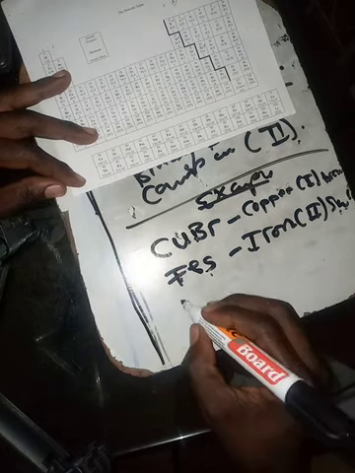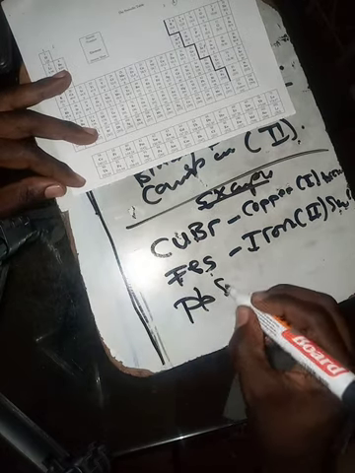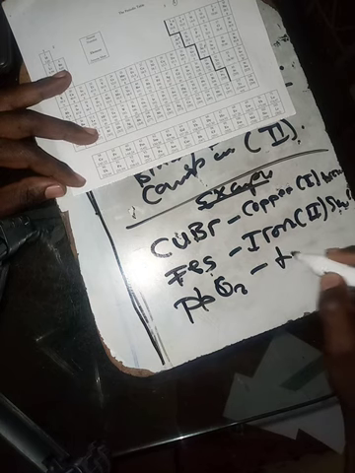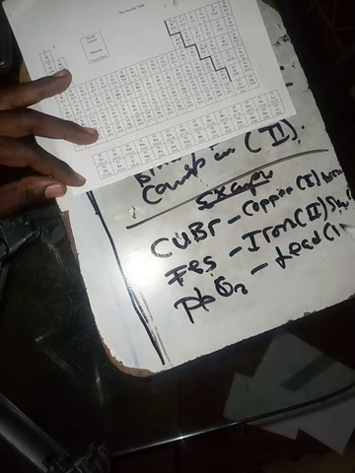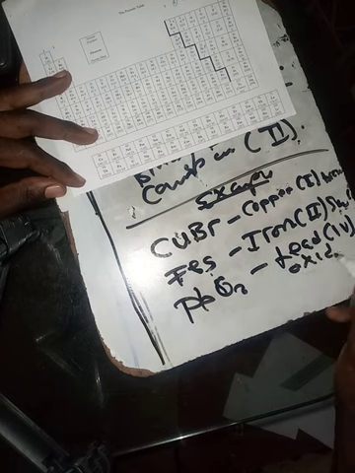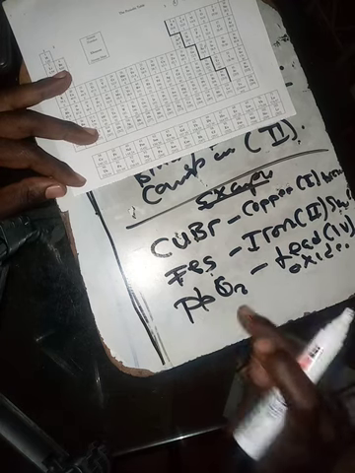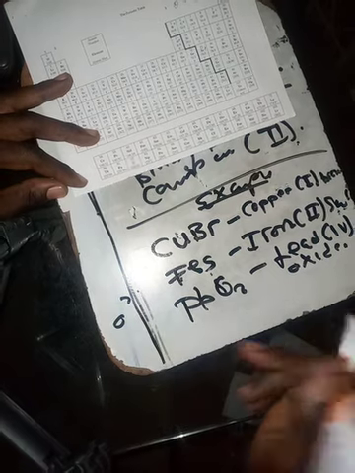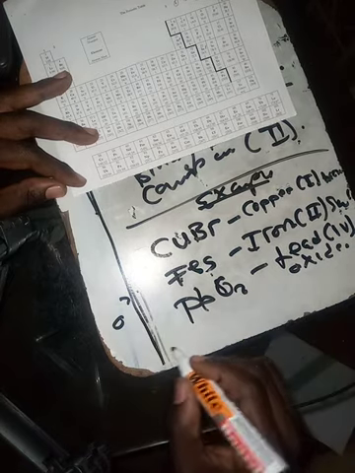Another example, the last one, PbO2. How can I name this one? It will be lead(IV) oxide. Why? This is because there's 2 here. The valence of oxygen is 2. Let me emphasize on this one, let me even rub here so that it makes sense to you.